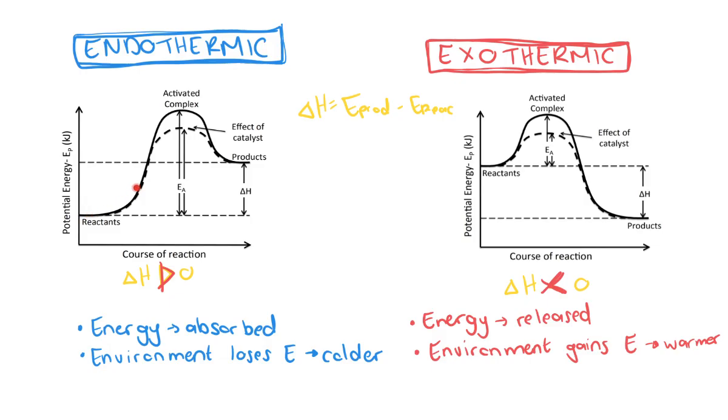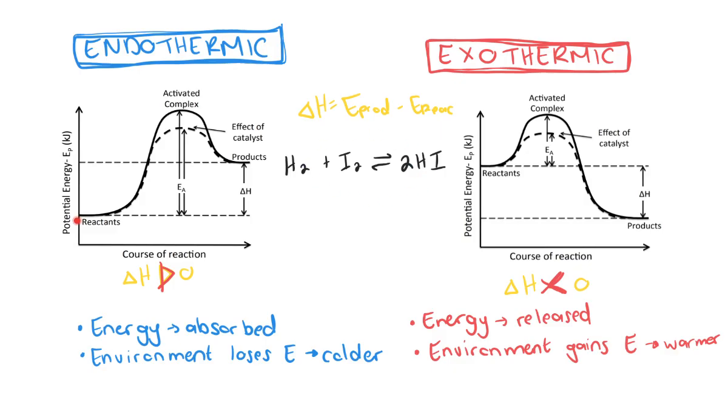So let's look at these graphs. You will notice this is the energy, like I said, of my reactants and my products. Your delta H is the energy of your products minus your reactants. So if I look at it from this side, my delta H for the forward reaction, because remember, you need to be able to interpret these graphs as forward and reverse reactions. Not in grade 11, but they can ask you, but especially in grade 12.